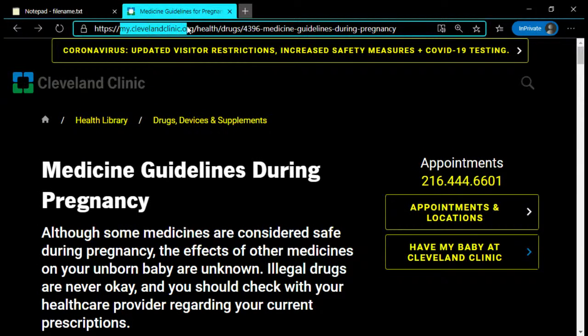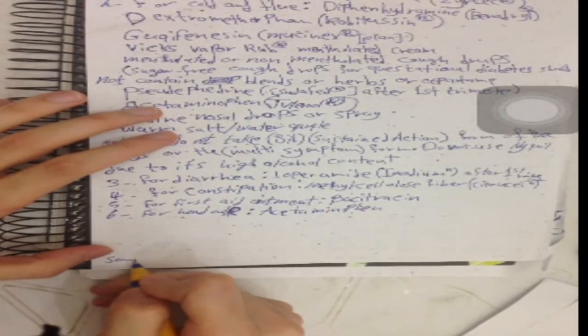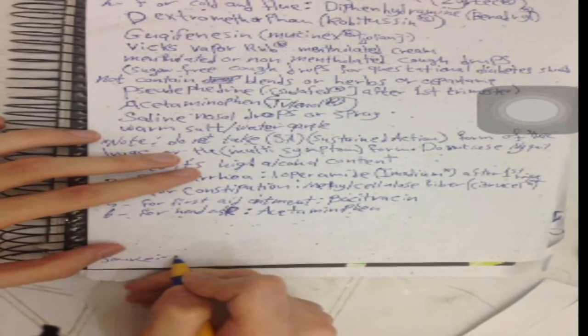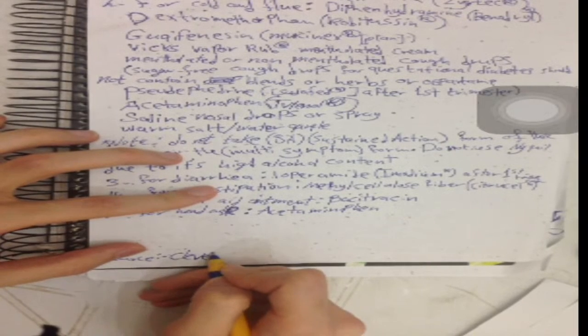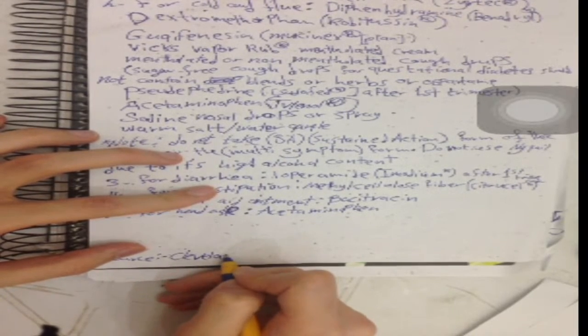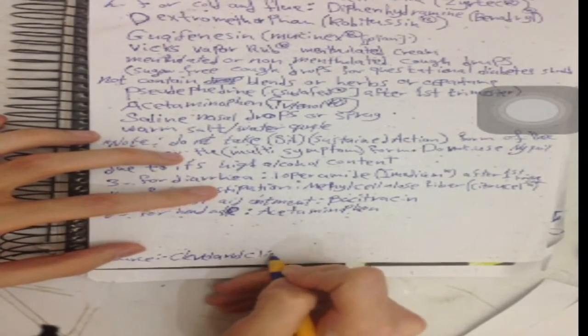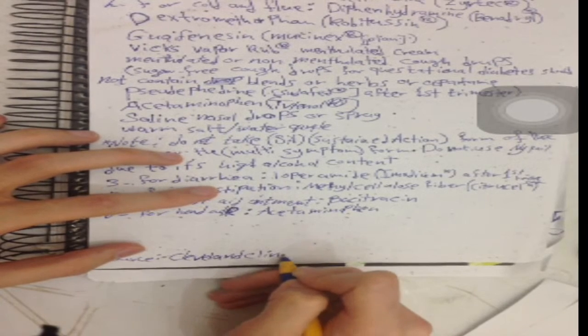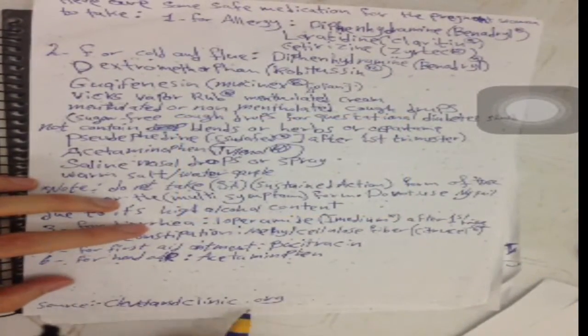Let's write the source: Cleveland Clinic .org. Very important source here, clevelandclinic.org.